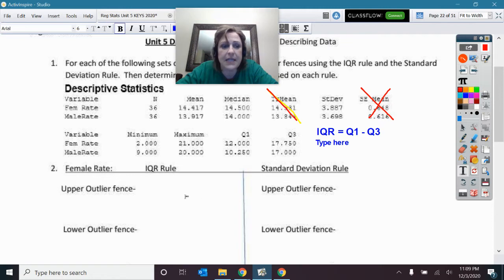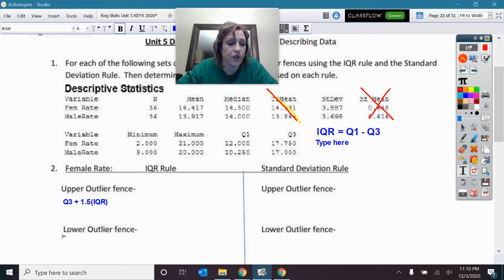Now, what we would need to do here for our female rate IQR rule is, I'll just start you off here. You've got to know those formulas. For the upper fence, that is your Q3 plus 1.5 times the IQR. Hence, that's why you've got to compute that over here.